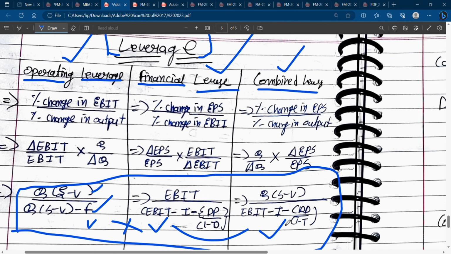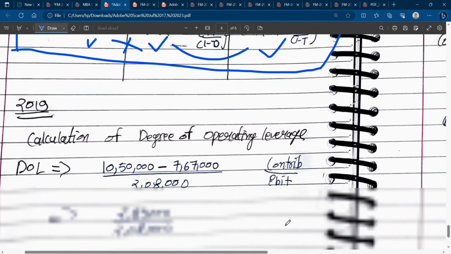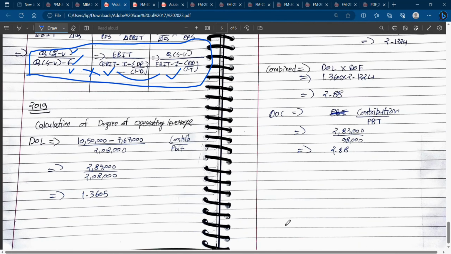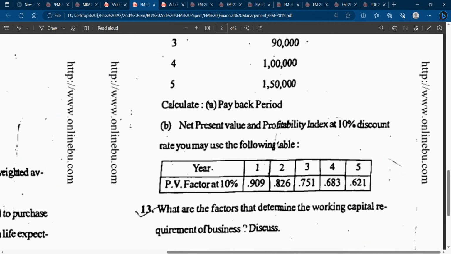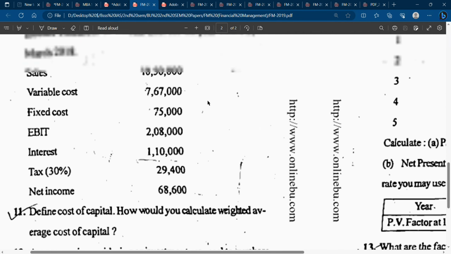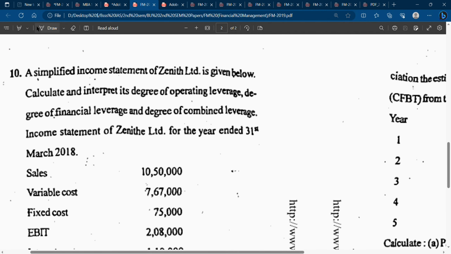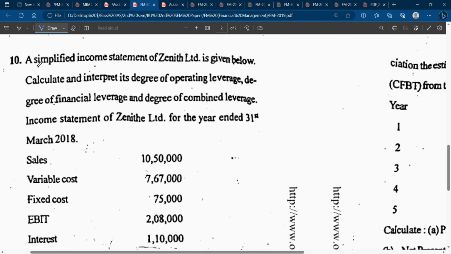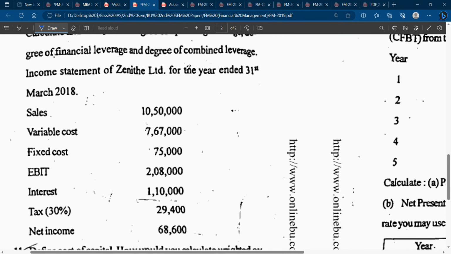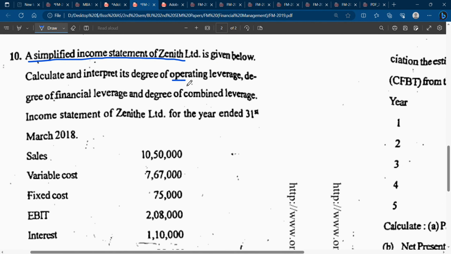So let's see the question which came in 2019. Let me open the paper. This is a simple question. A simplified income statement is given of Zenith Limited, and we have to calculate the operating leverage, financial leverage and degree of combined leverage.